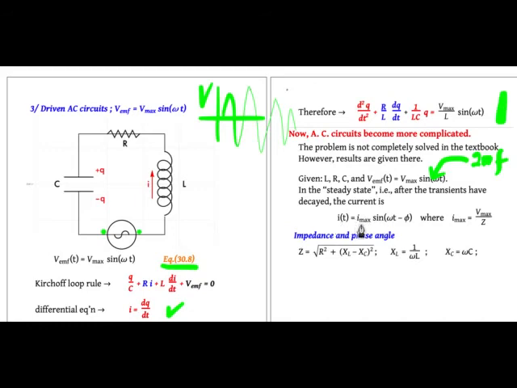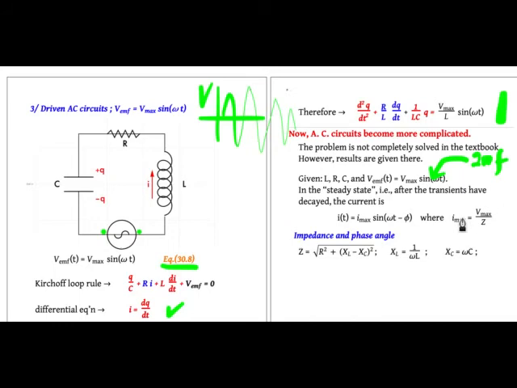So the current will have some maximum amplitude, call that I max, some phase angle, call that phi, and it'll alternate with the frequency of the generator. So that's one relation. I max is related to V max.